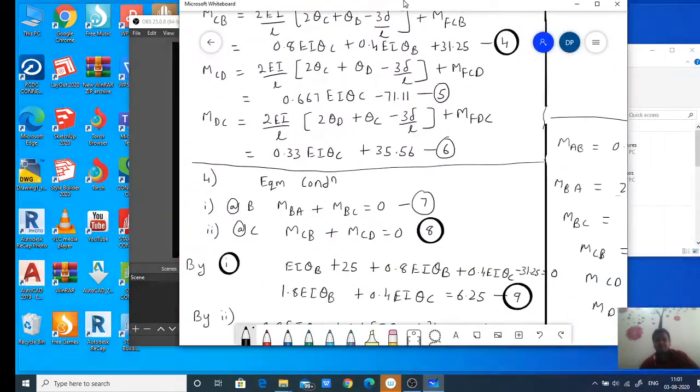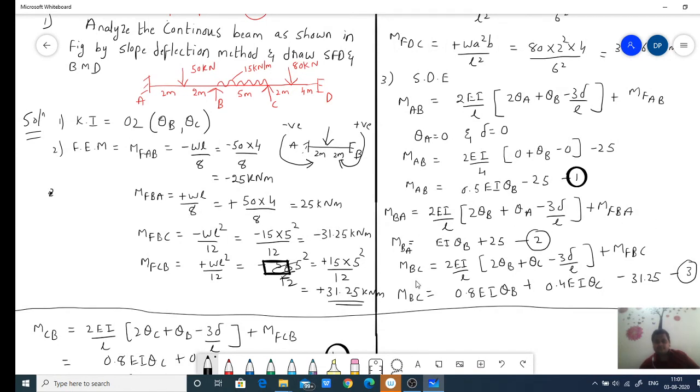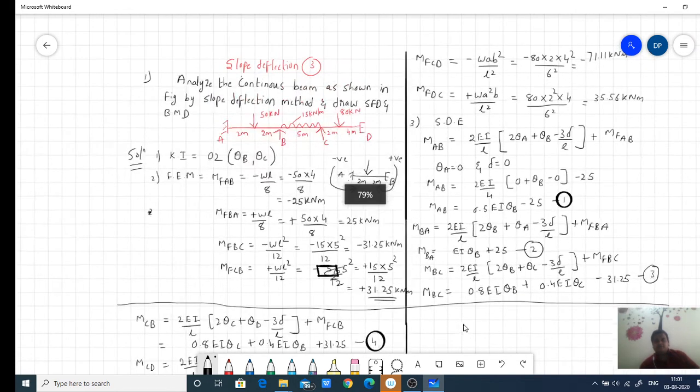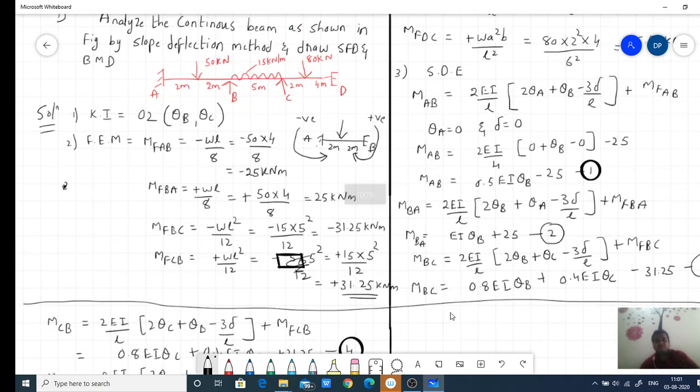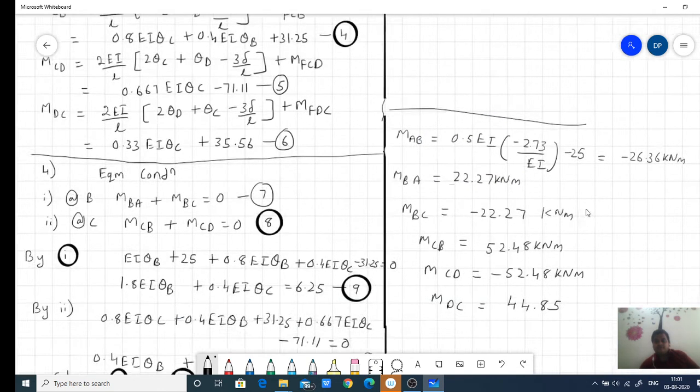Above equations in the sense, whatever I have formulated: in AB I have put theta B, for BC theta B and theta C I have substituted. And similarly when you solve, you will get all these values in equations 4, 5 and 6. After substituting, you have got these particular values.